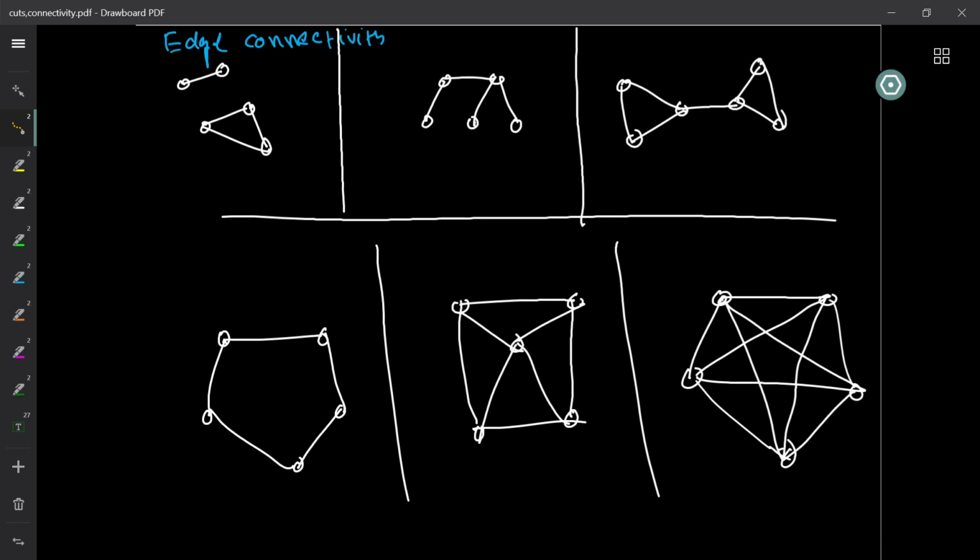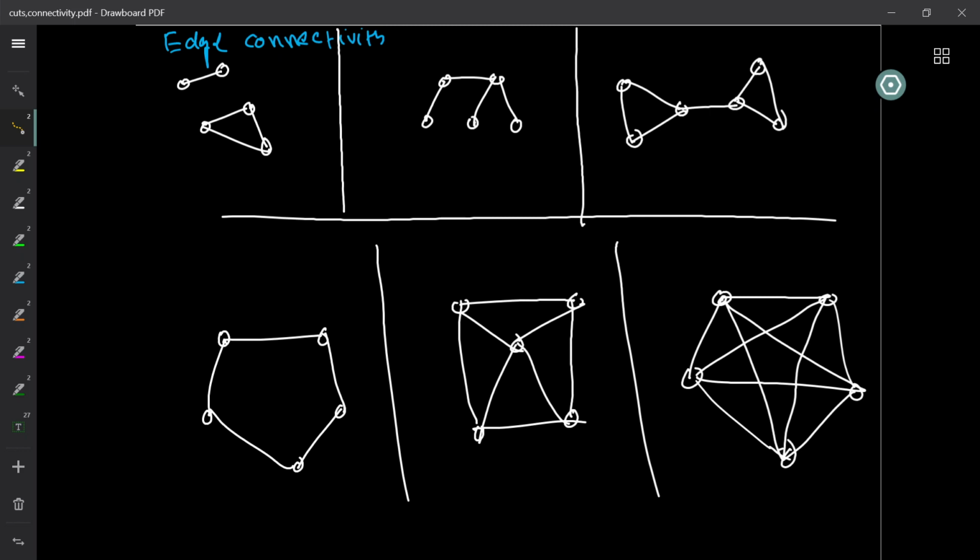Now, since we are looking at vertex connectivity so far, let us also see what we can say about the connectivity in terms of the edges. Vertex connectivity is essentially the idea of how well a graph is connected, in the sense that by deleting vertices, can you disconnect the graph, and what is the minimum number of vertices that you need to delete.